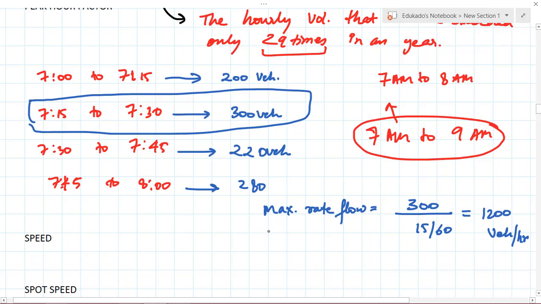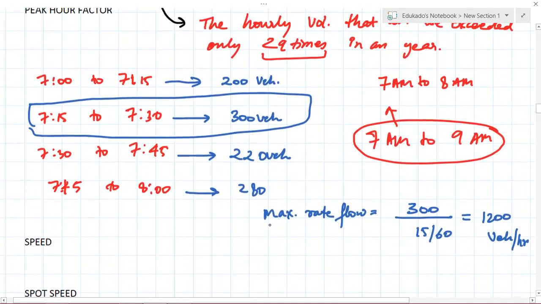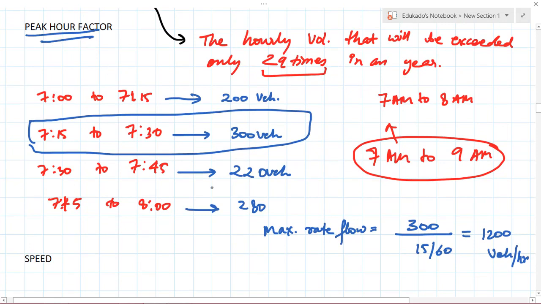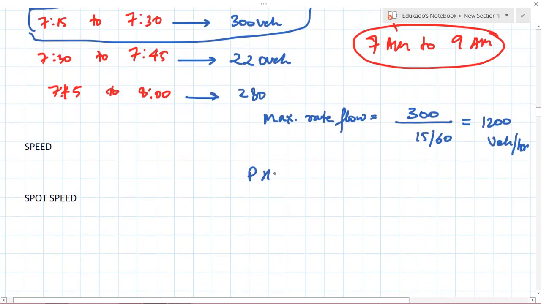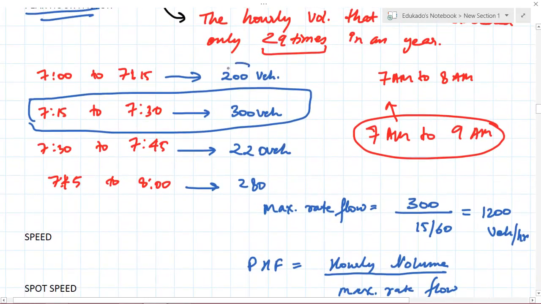So they come up with a factor known as the peak hour factor. What this means is that the peak hour factor equals the hourly volume, that is, over an hour how many total vehicles are passing by, divided by the max rate flow. Over here, the total number of vehicles that pass by in this 1 hour is 1000.